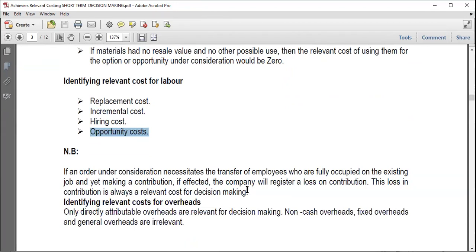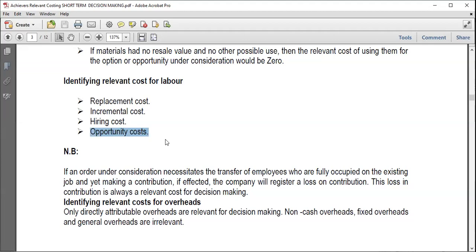Like you've seen here, they're saying if the order under consideration necessitates the transfer of employees who are fully occupied on existing jobs and yet making a contribution, if affected, the company will register a loss, like the loss I've just given you. This lost contribution is always a relevant cost for decision making, which we've called the opportunity cost here.